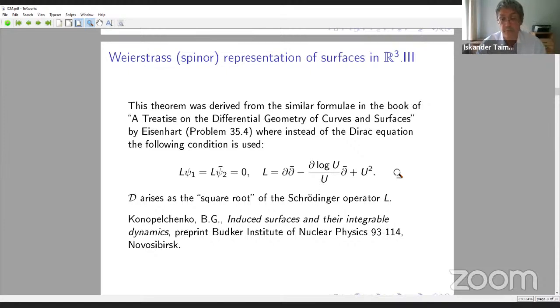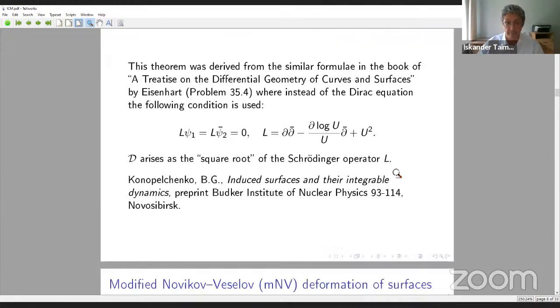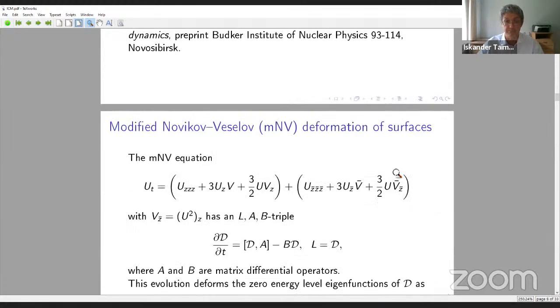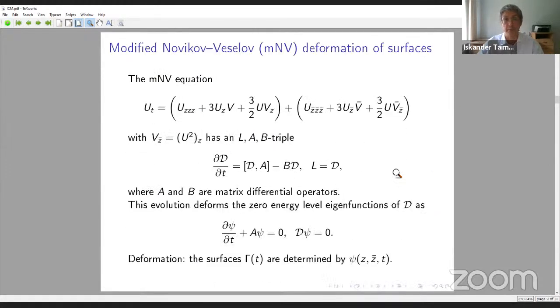I was told that for special CMC surfaces, constant mean curvature surfaces, similar representations were given by Abresch in his lectures. But here, I would like to say why Konopelchenko introduced his representation, his formulas.